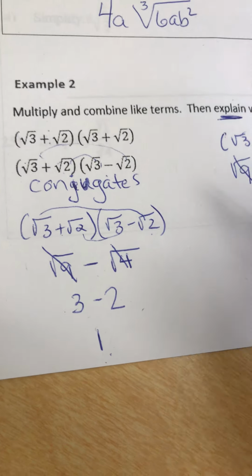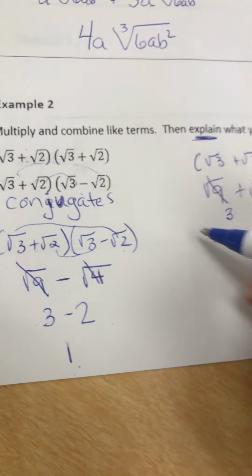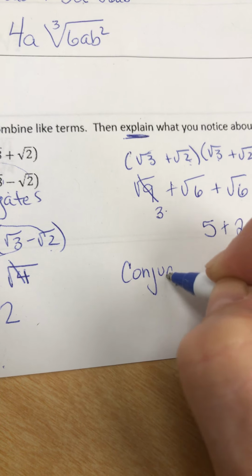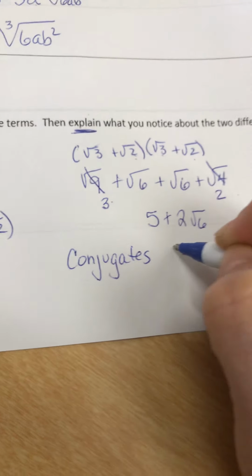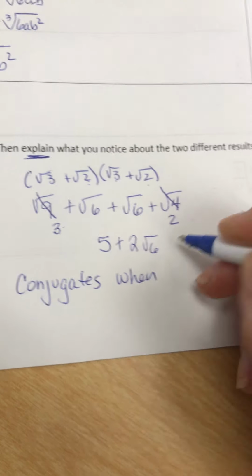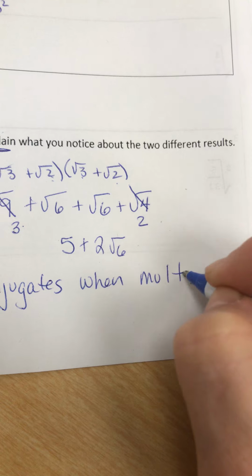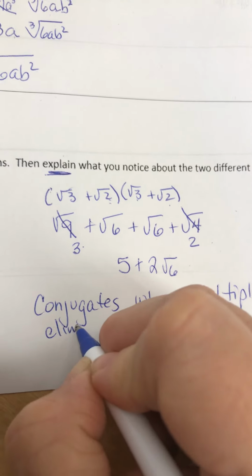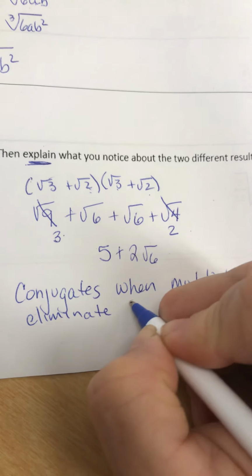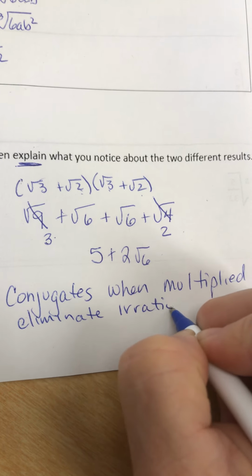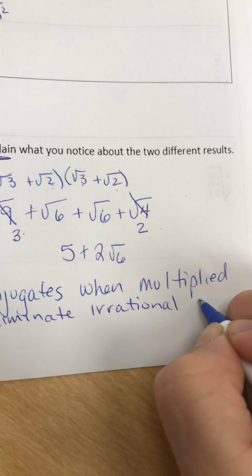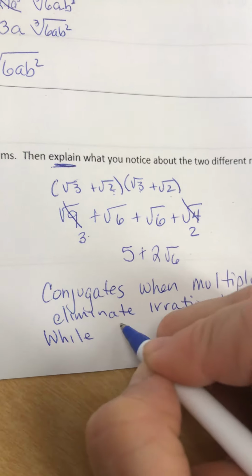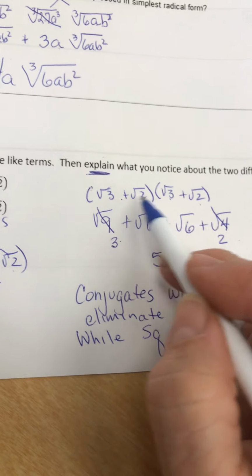So what we want to say with this is that conjugates, when multiplied, eliminate irrational numbers, while squares, because this was a square, right?